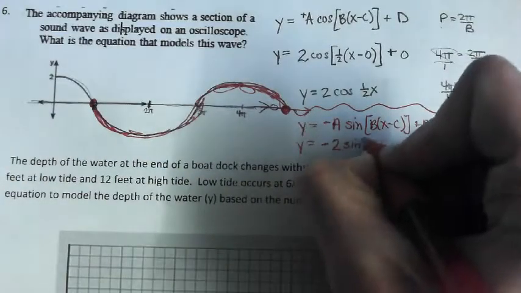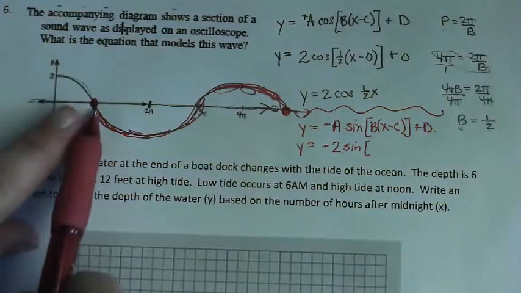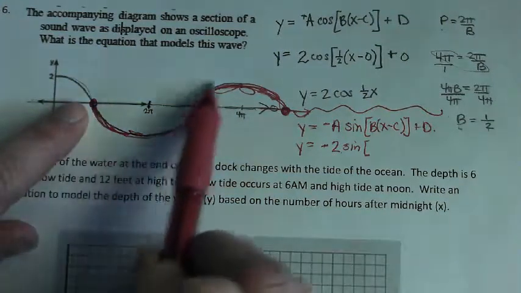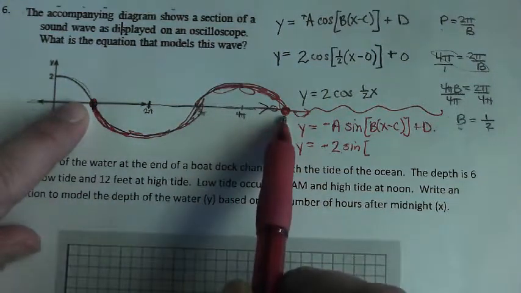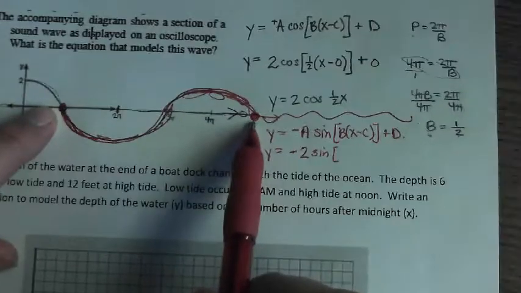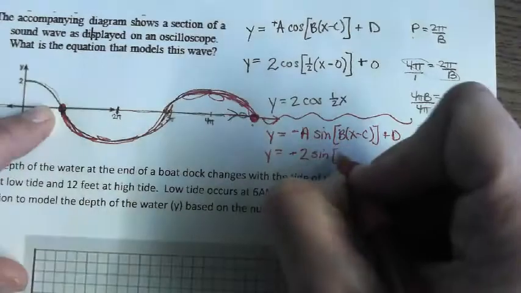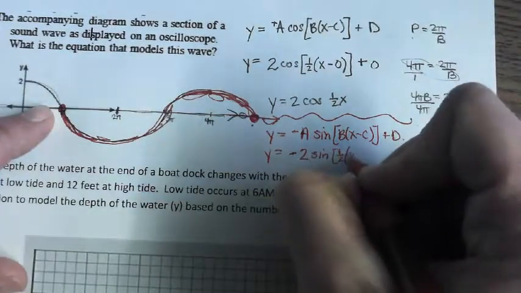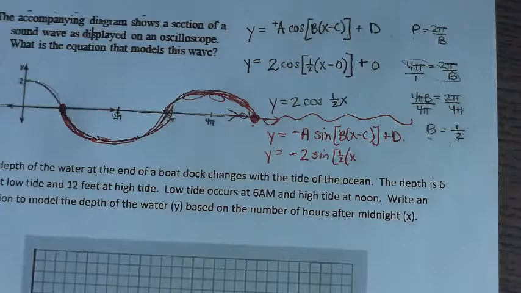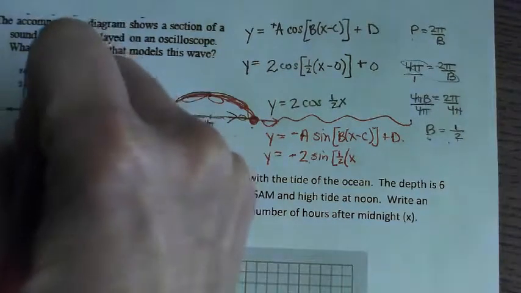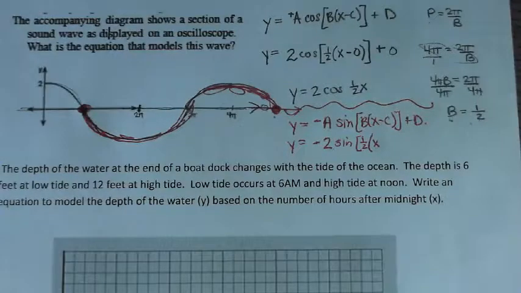How about my period? Did my period change? If my cycle's starting at 1 pi and ending now at 5 pi, isn't the period still 4 pi? Okay, so if the period's still 4 pi, the b is still going to be 1/2. But what I did here by changing the starting point of my cycle is there is a phase shift now, isn't there?